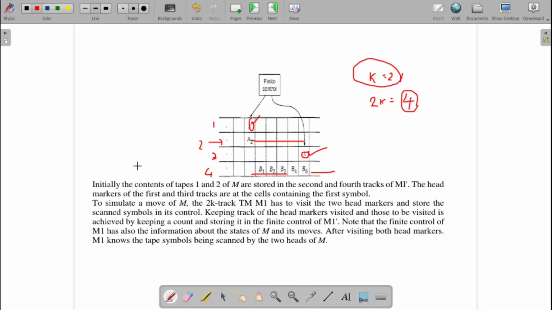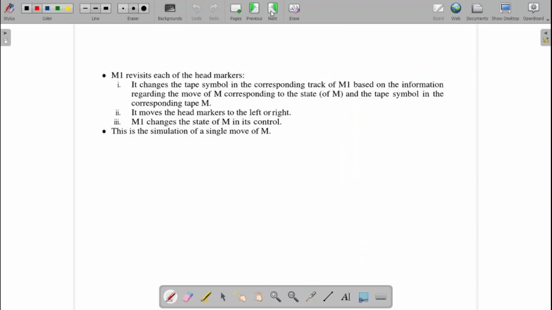That is your header information. Right? After visiting both the head markers, M1 knows the tape symbols being scanned by the 2 heads of the M. The next, for each head marker M1 revisits, it will change the tape symbol in the corresponding track of the M1 based on the information regarding the movement of the machine corresponding to the state.